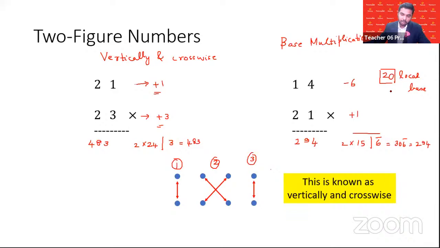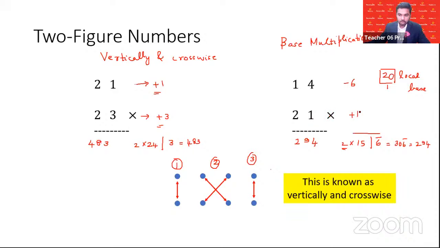Now whenever you have a local base, you have to multiply this factor of 2 with the resultant cross addition. So let me just explain from the beginning. So 14 is minus 6 away from 20 and 21 is 1 more than 20.